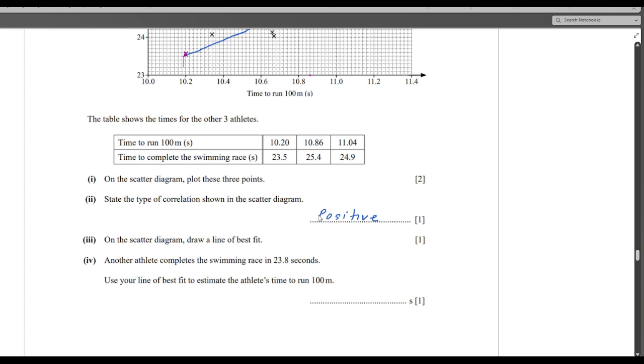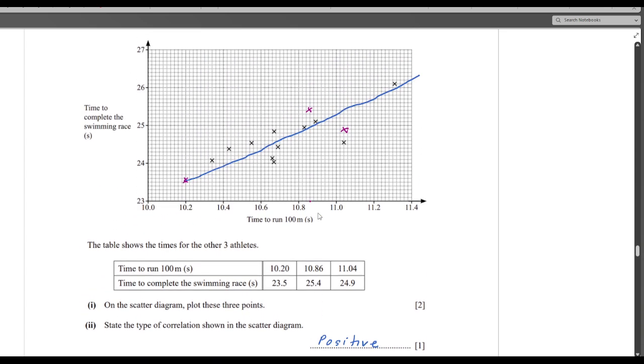Now another athlete completes the swimming race in 23.8 seconds. Use your line of best fit to estimate the athlete's time to run 100 meters. Now your time to swim is 23.8. So here 23.8: 23.1, 2, 3, 4, 5, 6, 7, 8. From here I will draw one line like this, and then from here I will draw one line like this.